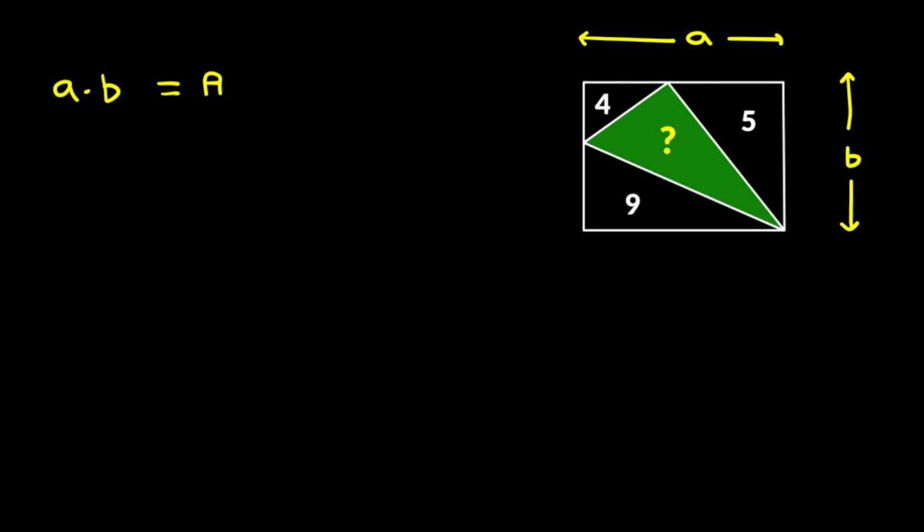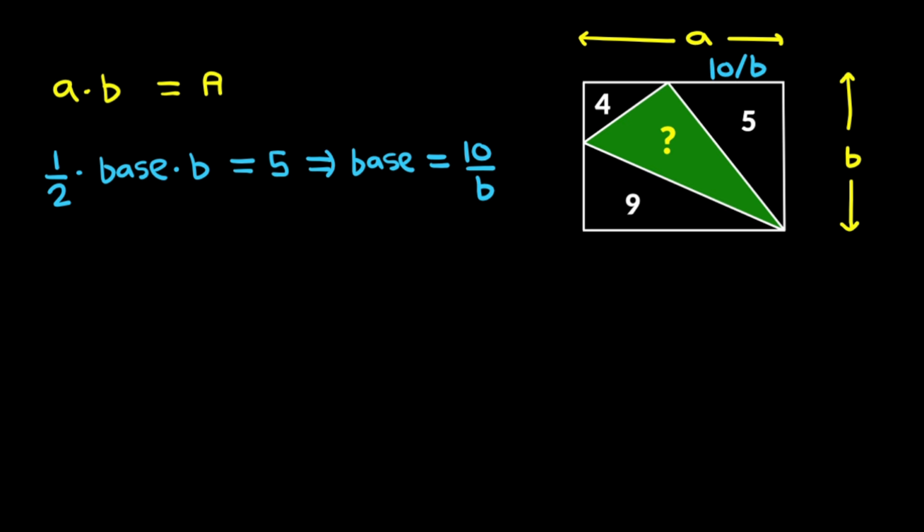If the height is B, then the base must be something that gives area 5. So we write half times base times B equals 5. From this, the base becomes 10 over B.